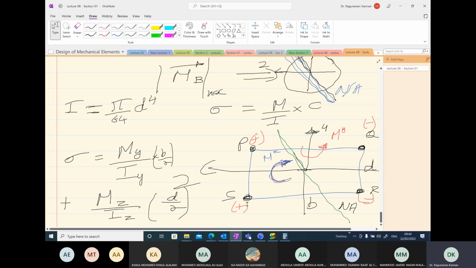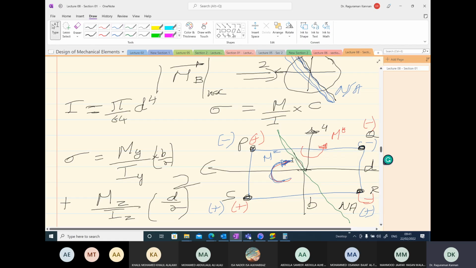It gives you tensile stresses at the points S and R. So I'm going to put plus here, and plus here. S and R plus. But if you go to points P and Q, it gives you compressive stress there. So I'm going to put a minus here.